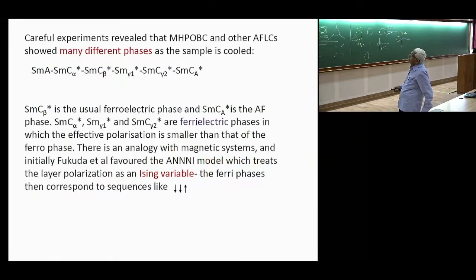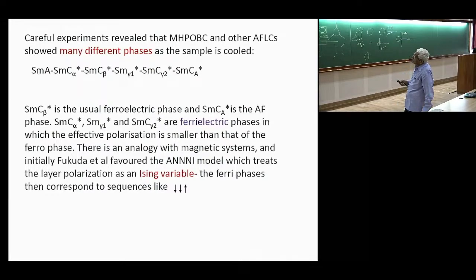In fact, this material, as well as a lot of other materials which were synthesized, showed not just these two, but a complicated sequence of phases, starting with Smectic A. The Smectic C beta star is what is equivalent to the ferroelectric Smectic C star phase that I discussed, and Smectic CA star is what Chandani et al. discussed.